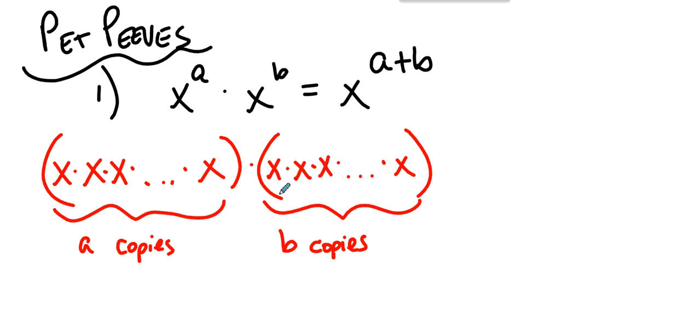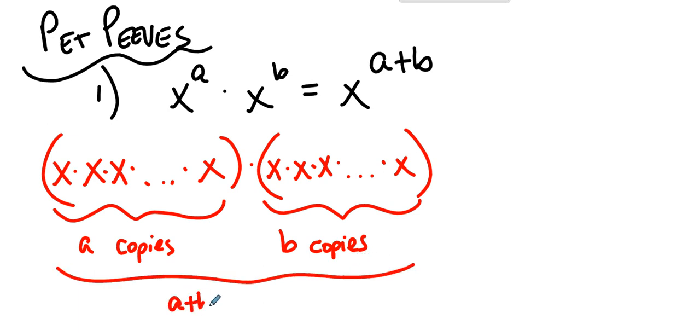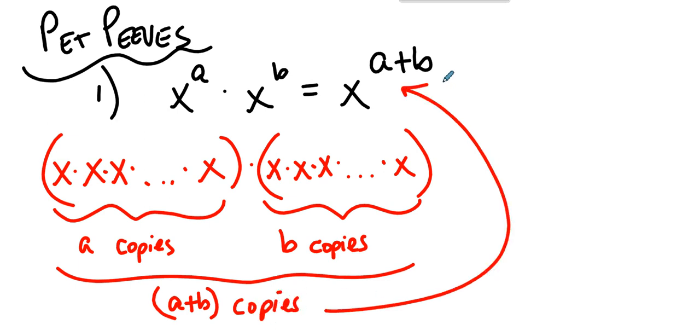Similarly, there are b copies. It is not that x is multiplied by itself b times. That's just plain false. x is multiplied by itself b minus 1 times, and that's how you get b copies. So altogether, these are a plus b copies, and that is this, and we're good.